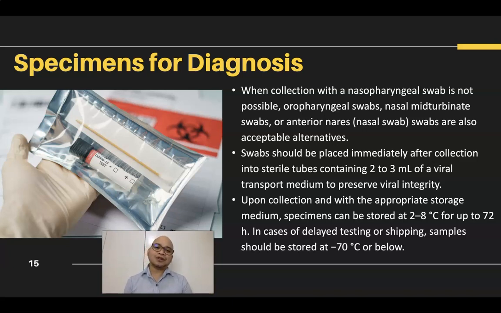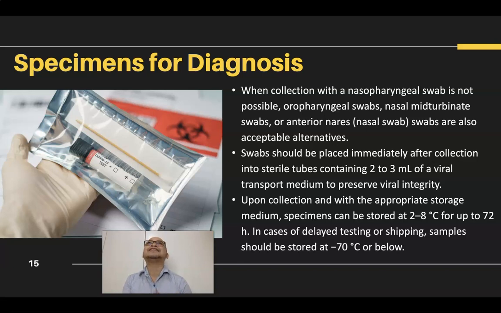Upon collection and with the appropriate storage medium, specimens can be stored between 2 to 8 degrees for up to 72 hours. In cases of delayed testing or shipping, samples should be stored at -70 degrees or below. At the early onset of COVID-19 testing in the Philippines, there was only one molecular biology testing center in the country.